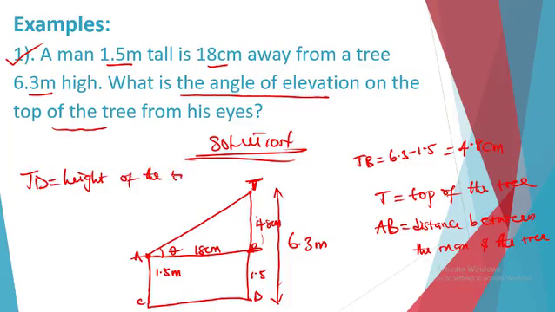And then we have line AC and line BD. Line AC is equal to line BD, and that is the height of the man, because he stood from here to here and then lifted up his eyes.